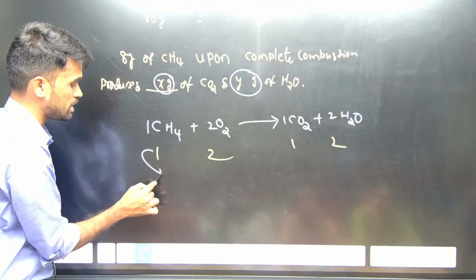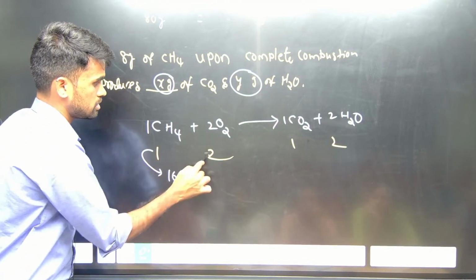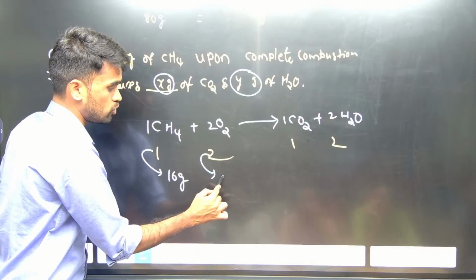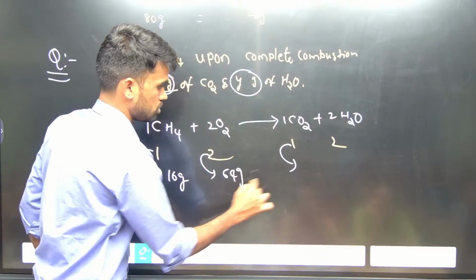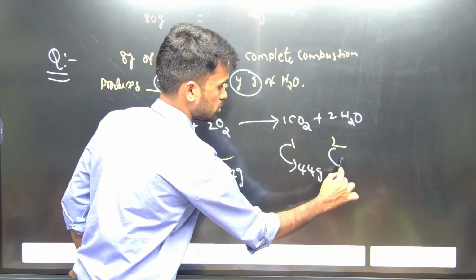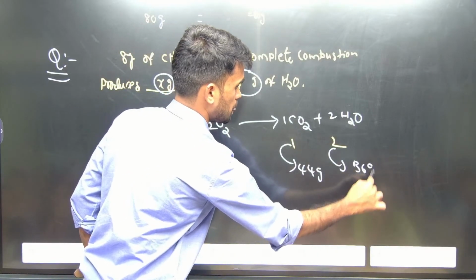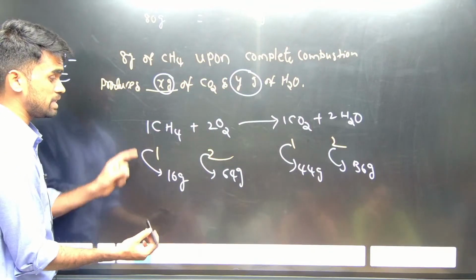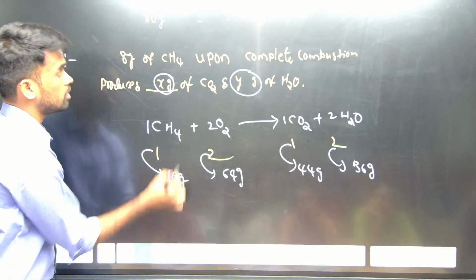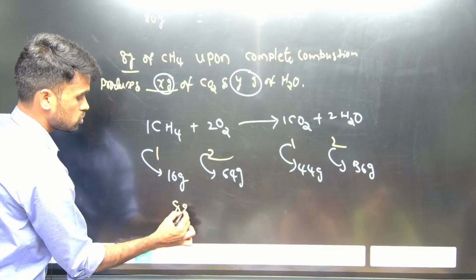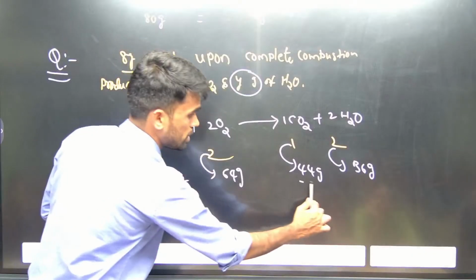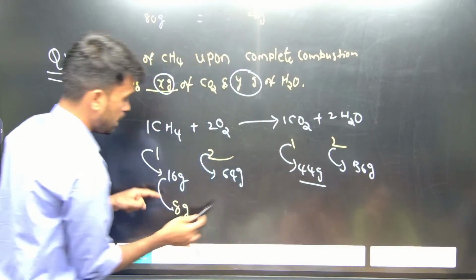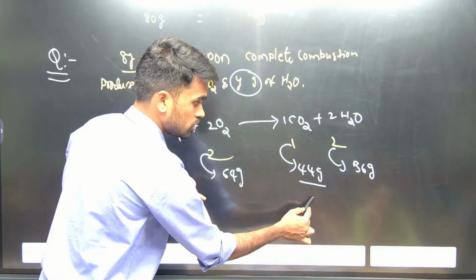So 1 mole of methane means 16 grams, 2 moles of O2 means 64. Now what is the quantity of methane given? 8 grams. So here 16 grams produces how much? 8 grams means 22.